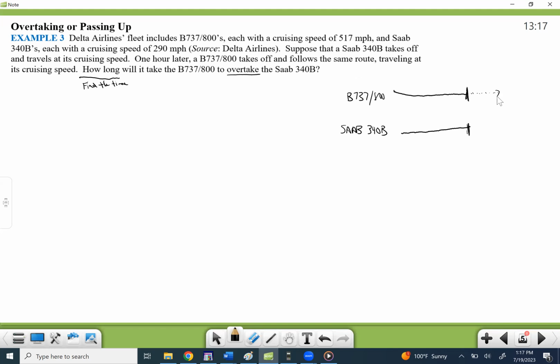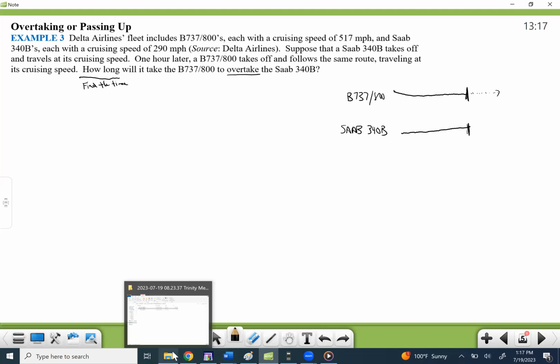Okay. So the key thing is when one plane overtakes another plane, it's going to be at the point where they've traveled the same distances. So let me just show you that again, right? The Saab takes off first, right? And then the 737-800, and right now where they're equal, this one up here is going to overtake the other one. So the key thing that we need to remember is their distances are equal. That is the very first thing I'm going to write down, okay?